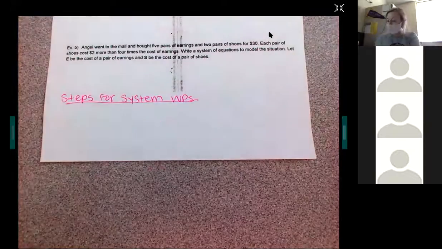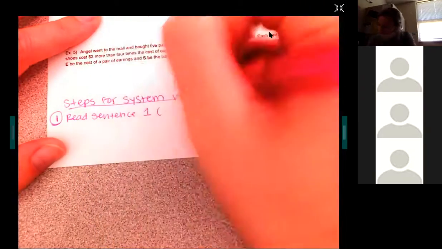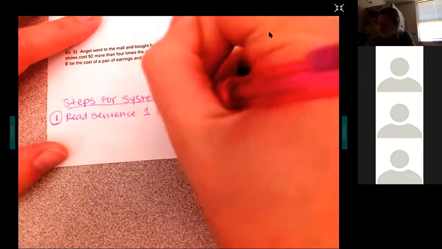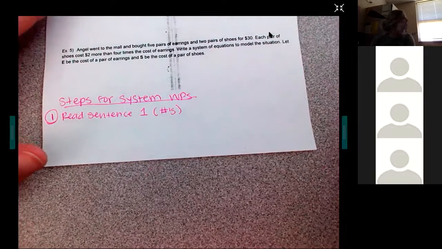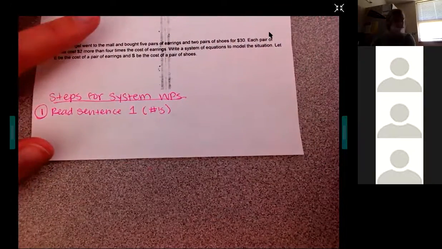Steps for system word problems. What did I tell y'all yesterday you have to look for in each sentence? The subject. So your first step, read sentence 1. And I'm talking about the sentences with numbers, because that's where we're going to find the stuff for our equation. Read sentence 1 that has numbers.